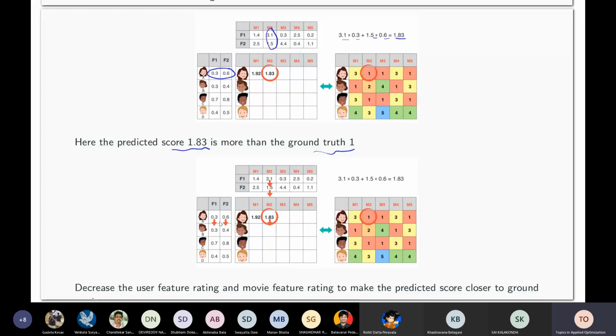So we are decreasing this, but the problem is that we increased this value previously, and now we are told to decrease this value, right? Because in this entry we are overshooting, so we decrease, let us say.